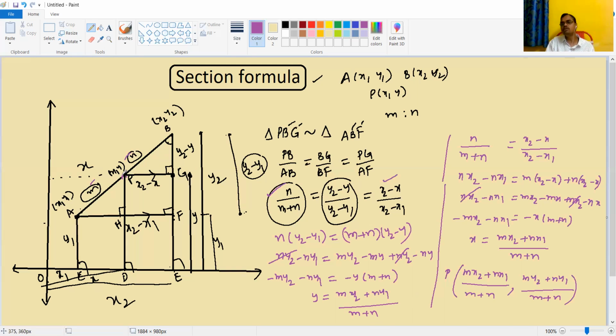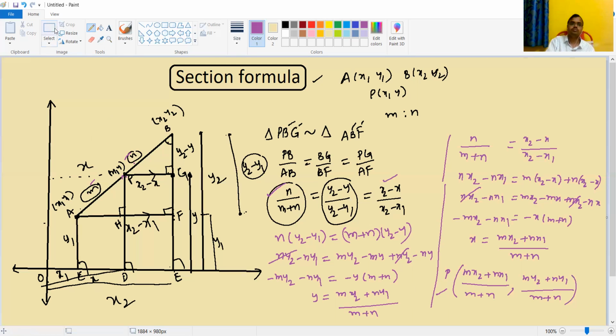We got P coordinates as mx2 plus nx1 by m plus n, my2 plus ny1 by m plus n. Means we can say that P is dividing AB in the ratio m is to n internally. Okay, that formula is this.